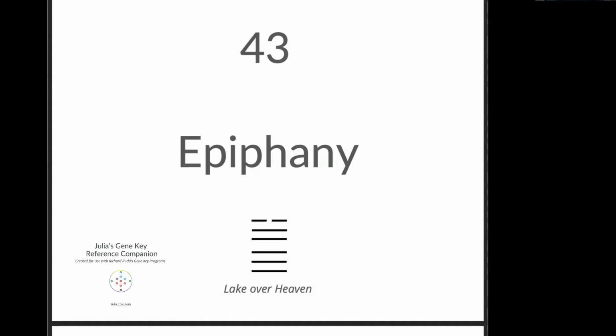Out of the 64 gene keys, this is number 43. And of those 3 words, epiphany is the largest and most profound statement, beyond duality and beyond humanness. We don't, as humans, create epiphany. We can't make an epiphany happen. We come to the state of epiphany.